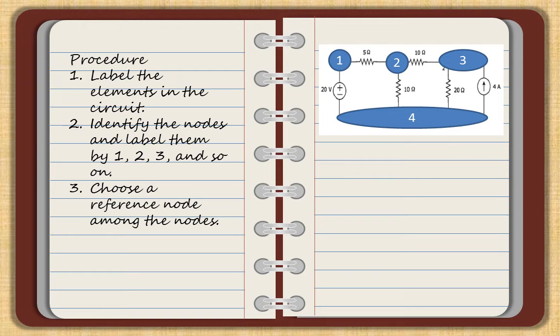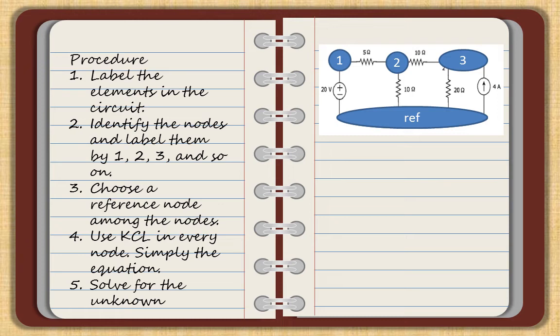In our circuit, it is node 4 that is at the negative side of the voltage source. So node 4 will now become the reference node. Then let's use KCL at every node. Then simplify the equations and solve for the unknowns.